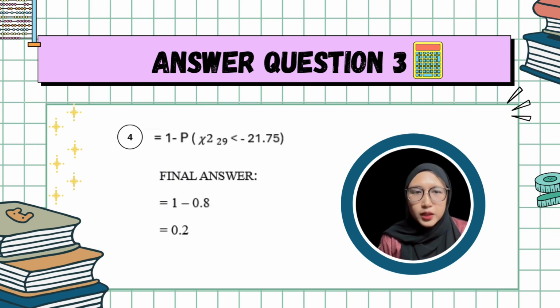After we get the value in the table, you need to calculate the exact value, which is 1 minus 0.8 to get the probability that the sample variance is less than 300. We need to do 1 minus the value of the chi-square table because it is a less than symbol. And then the final answer we will get, the probability is equal to 0.2. I think that's all for this.